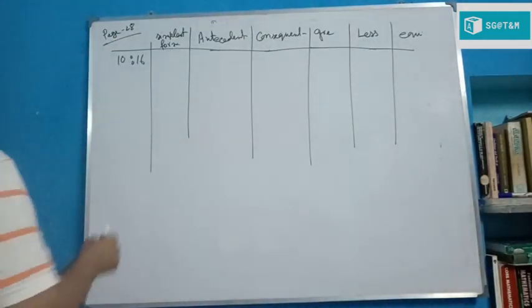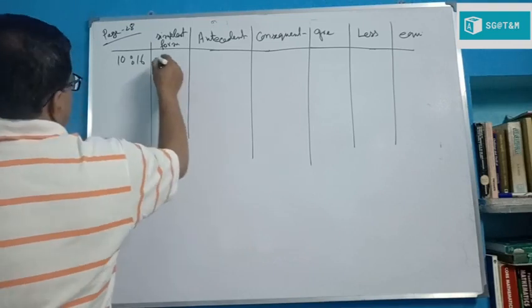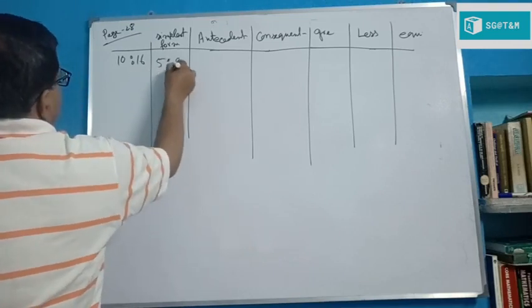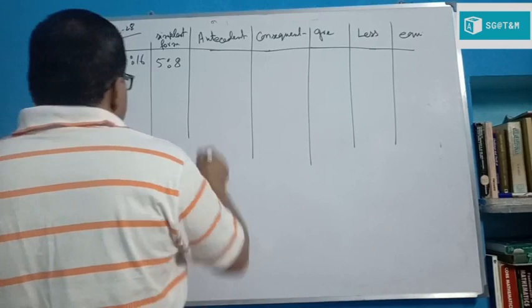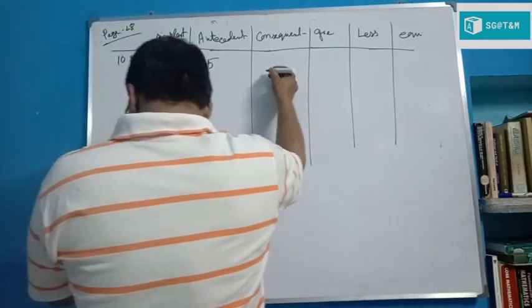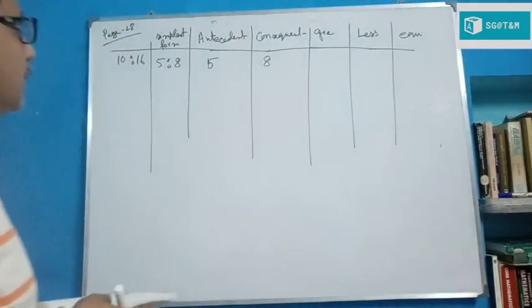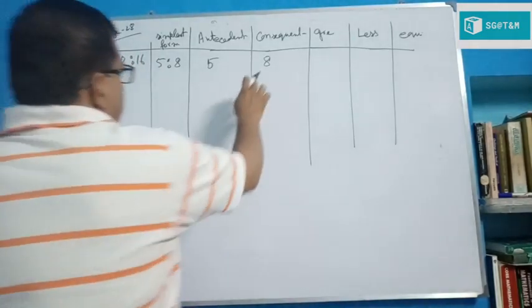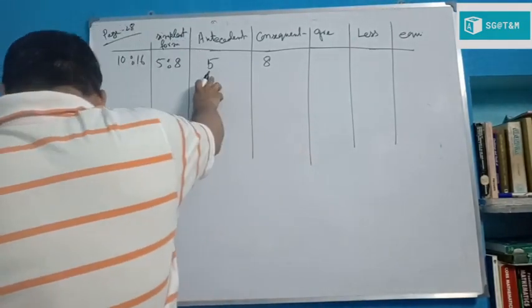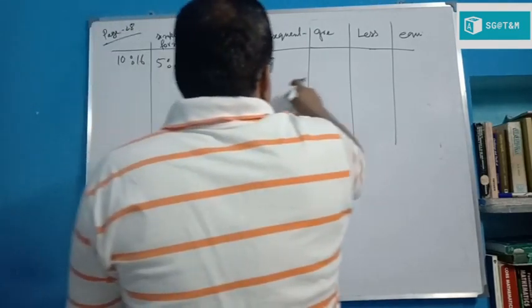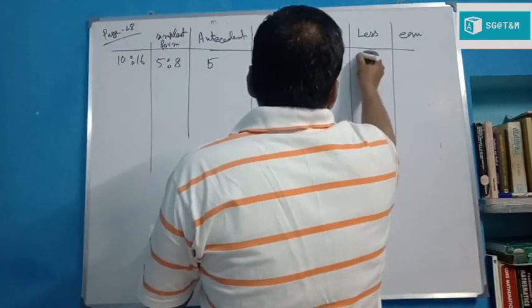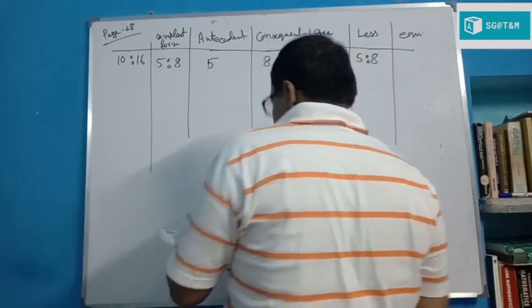First one, 10:16, simplified form obviously 5:8. Antecedent is 5, consequent is 8. So which one is greater? The consequent is greater than the antecedent, so it is lesser inequality.